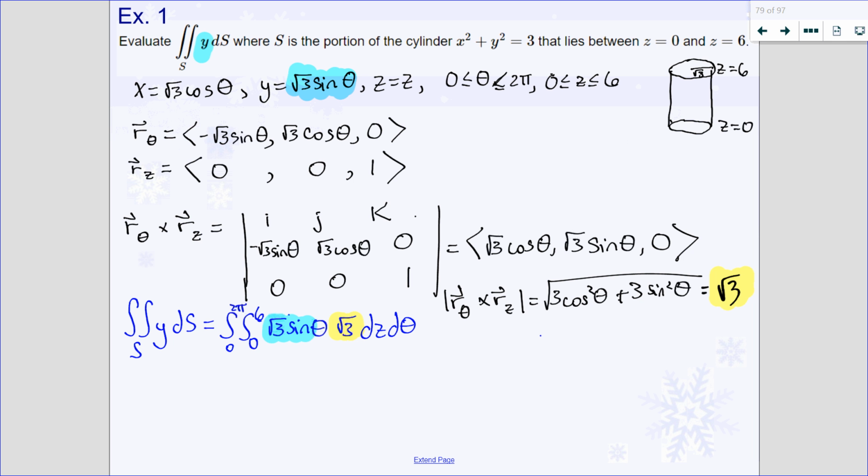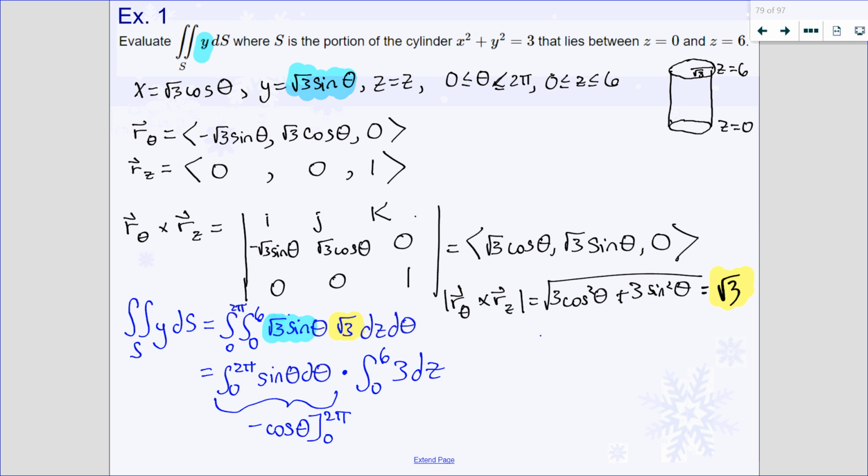Then I'm probably just going to go ahead and split these up. Okay, so for theta, I get negative cosine theta from 0 to 2 pi. And so for there, I get negative 1 plus 1.